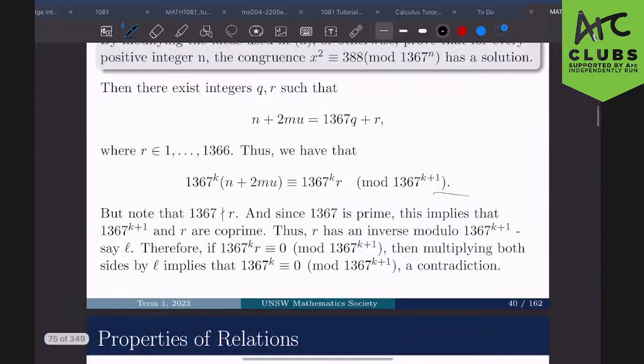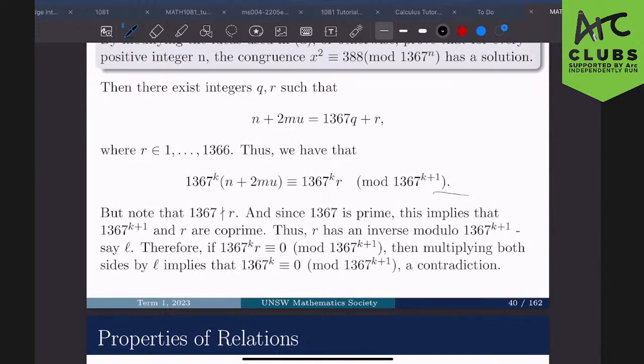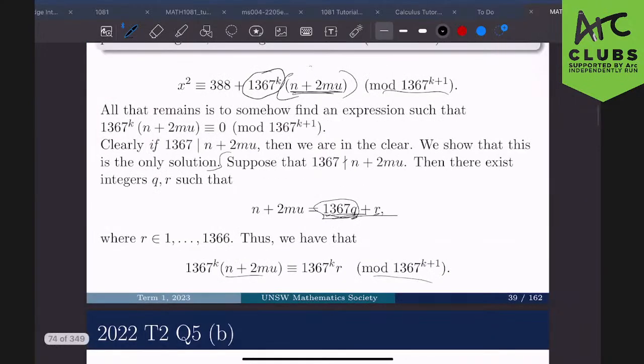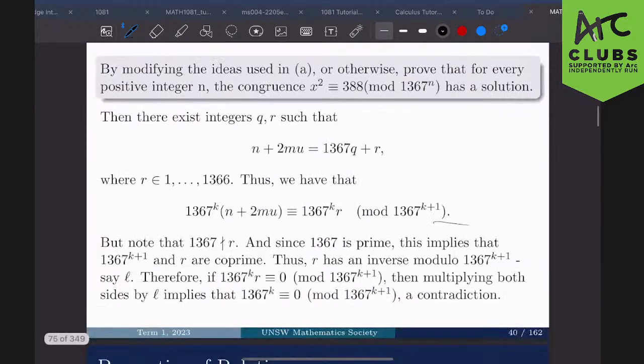And then, as we've initially stated, 1367 does not divide this remainder. Because 1367 is prime, this implies that this and r are co-prime.